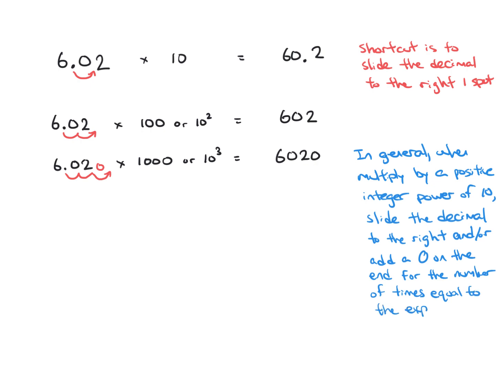So whatever the exponent is on the power of 10, we will slide the decimal point over or add zeros until we reach that number.